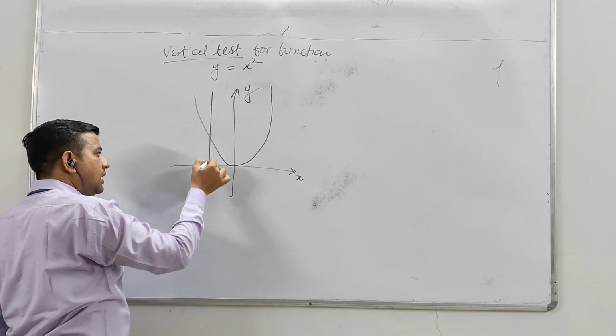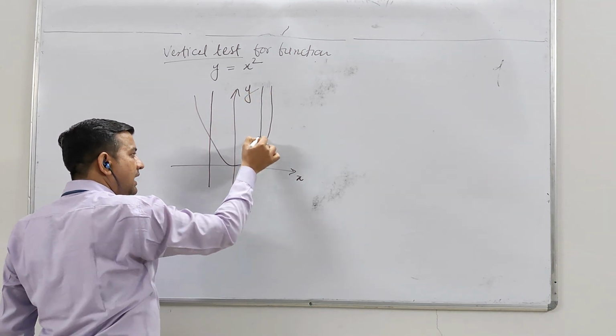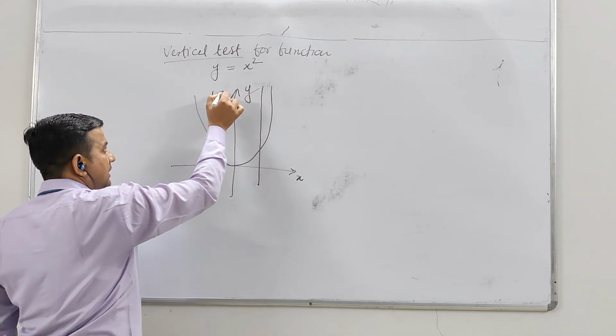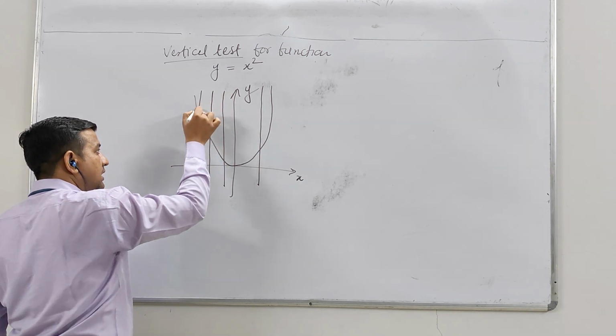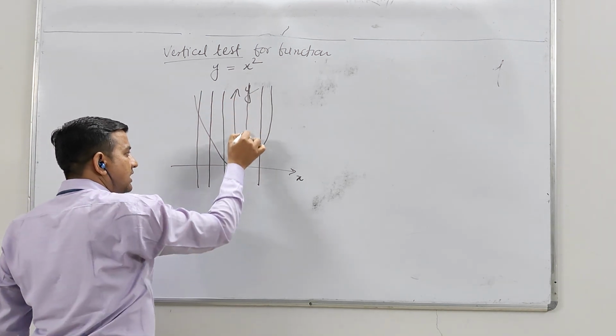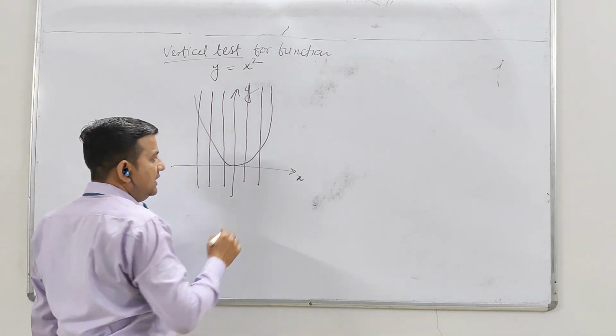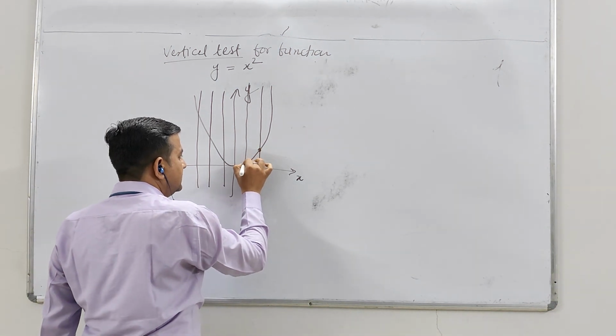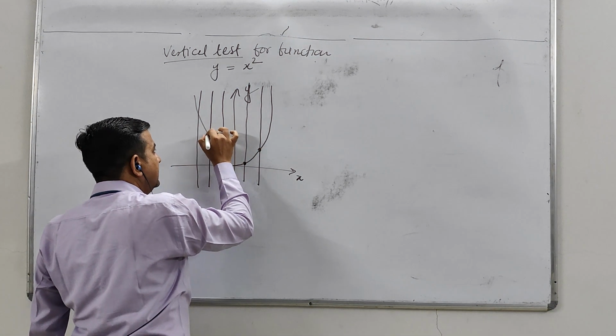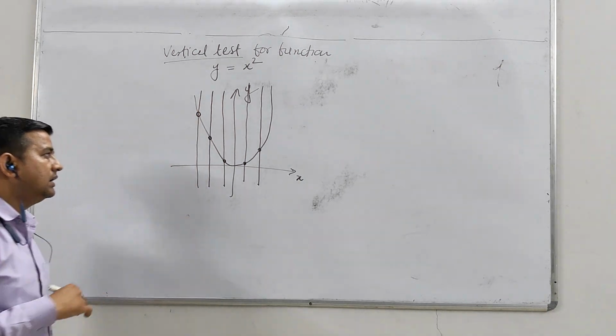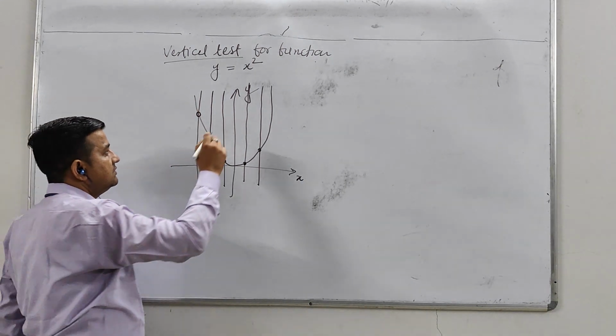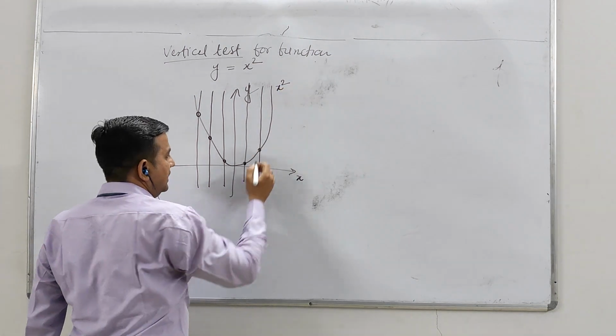Now, if we draw any number of lines parallel to the y-axis, we see that these lines intersect the graph of x square at a single point.